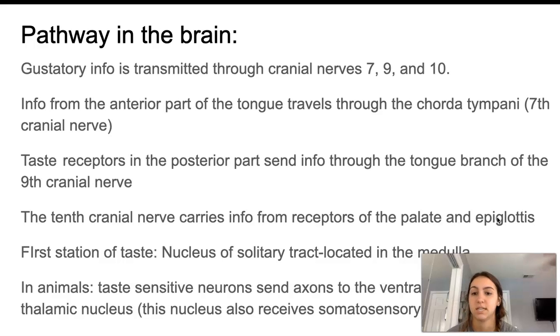So the first station of taste is going to be the nucleus of the solitary tract, which is located in the medulla. And then for animals, taste-sensitive neurons send axons to the ventral posteromedial thalamic nucleus. This nucleus also receives somatosensory info as well.